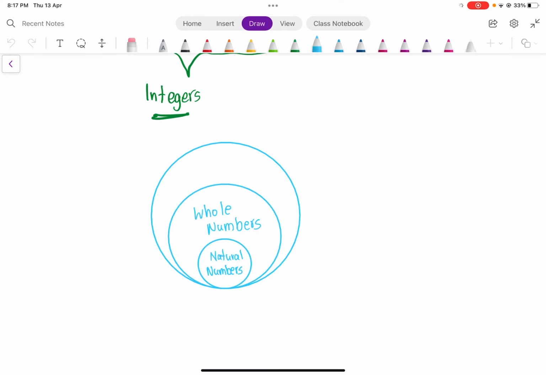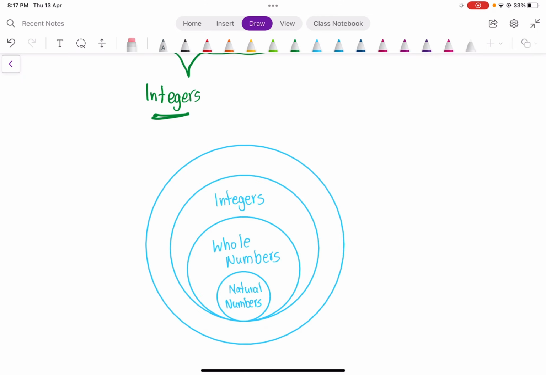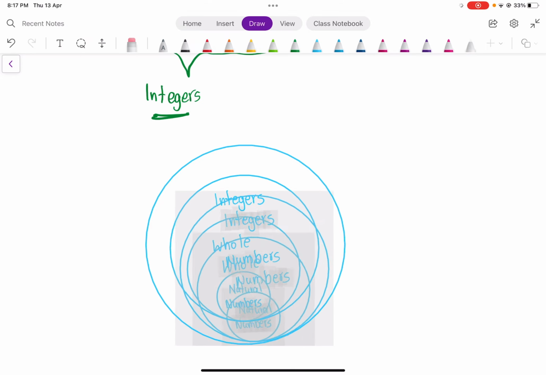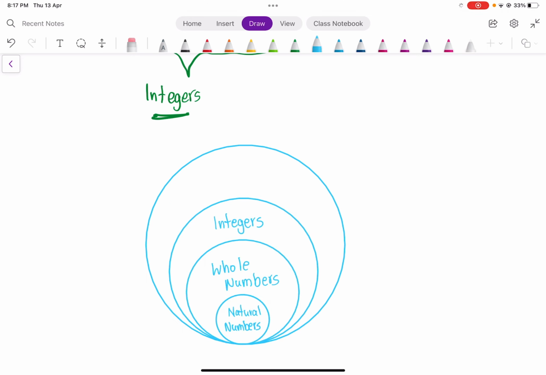And now these ones are our integers. And our last circle, oh, this is going to be big, are our rationals. So that is our Venn diagram.